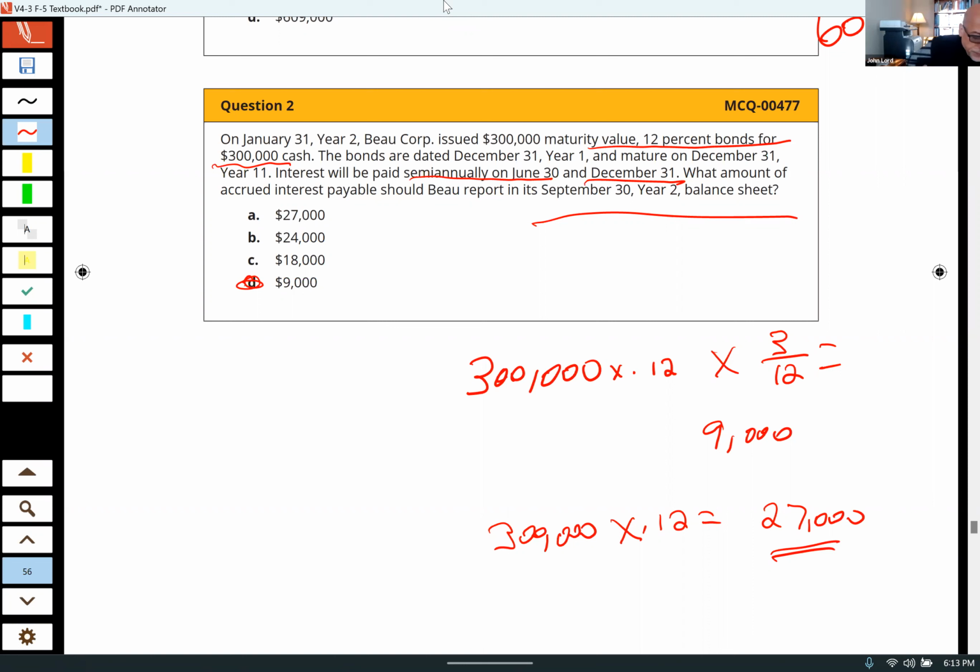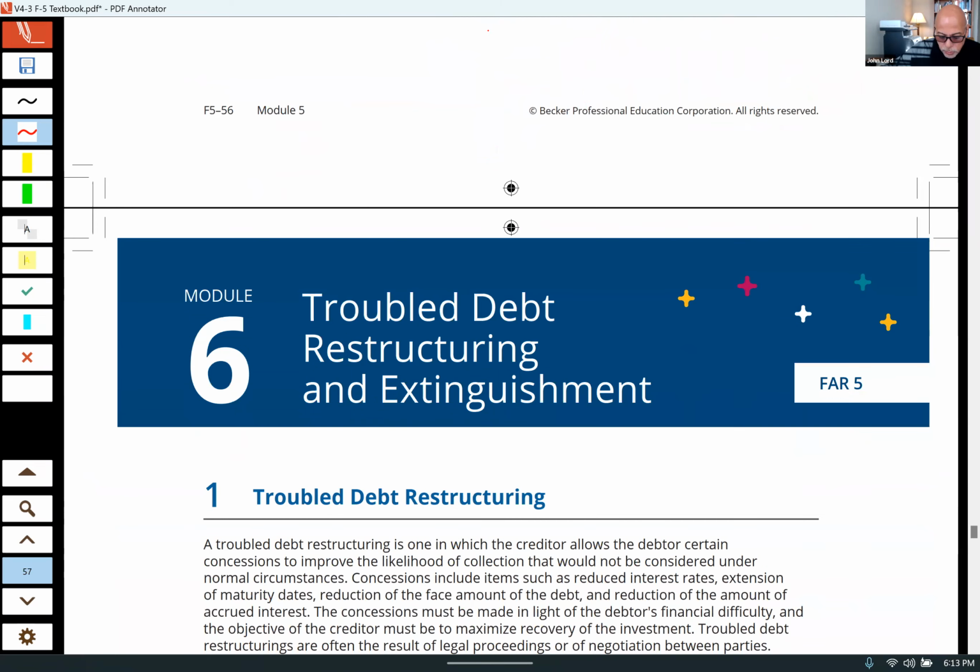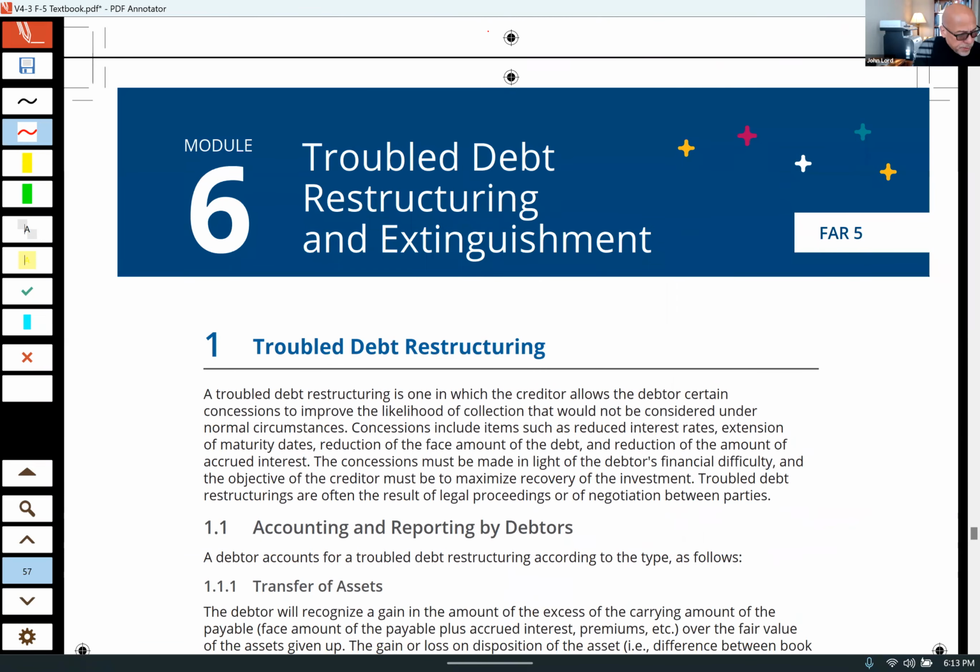Okay, good. All right, so let's go ahead then and take a look at troubled debt restructuring. I really should just stay away from that whole little Facebook group. I tell you to do it, and then I always find myself reading the feed, and I guess I like to torture myself because I read that and I'm just like, what are these people talking about?